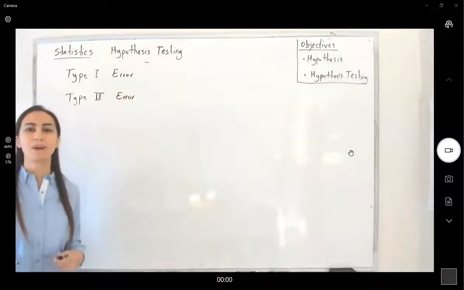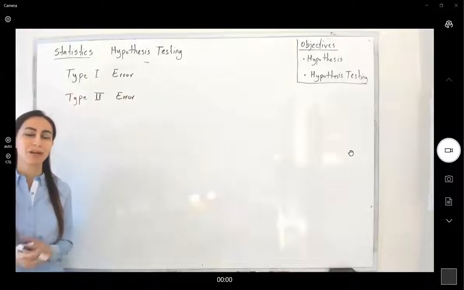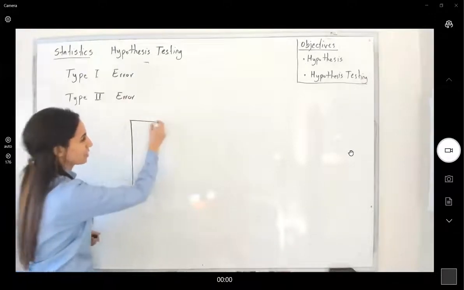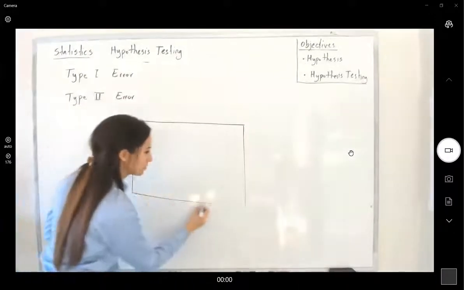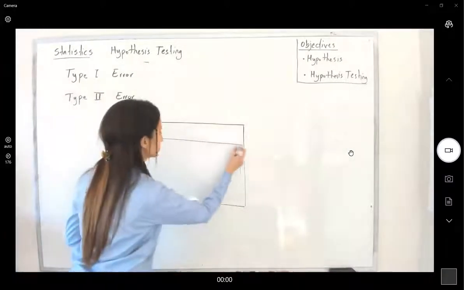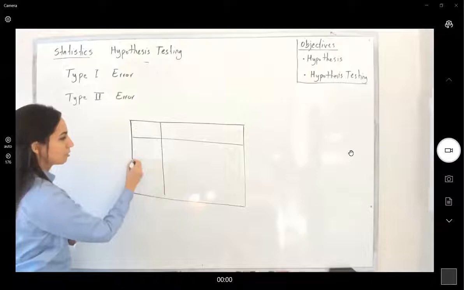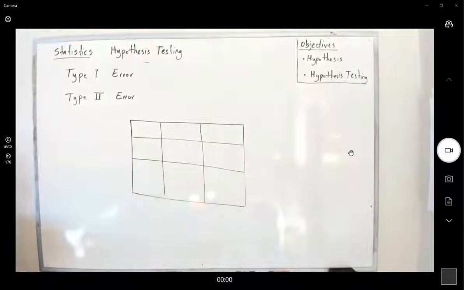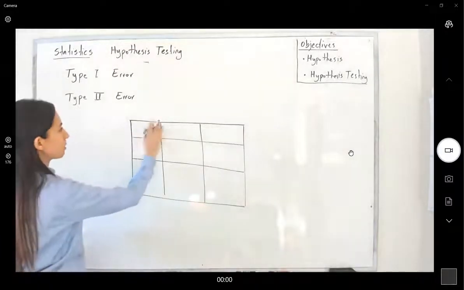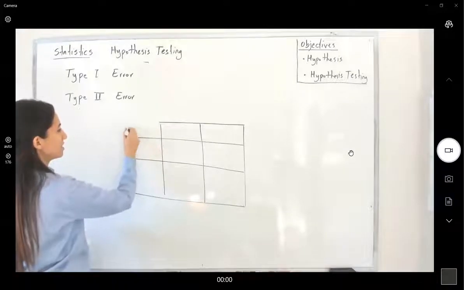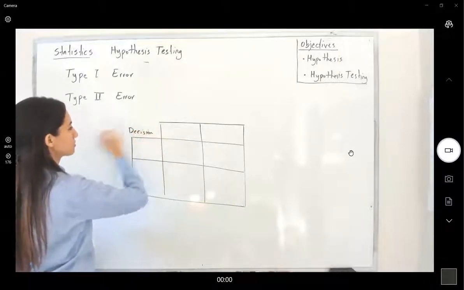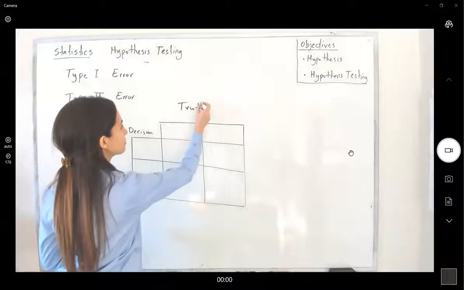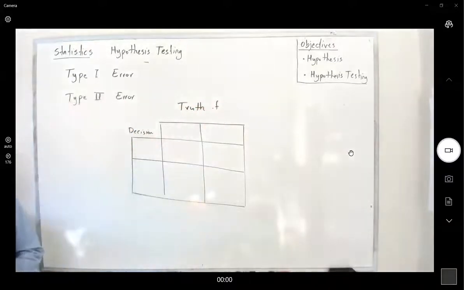We can summarize type 1 and type 2 error this way, which is very helpful to remember these types of errors. So we have our null hypothesis, and we have the type of error that we have. So here you have a decision about your statement, and here you have the truthness of your null hypothesis.